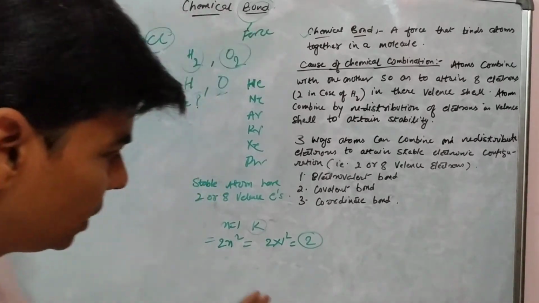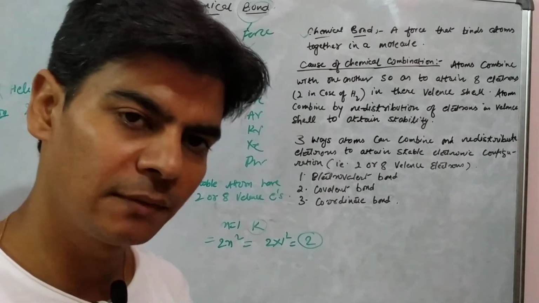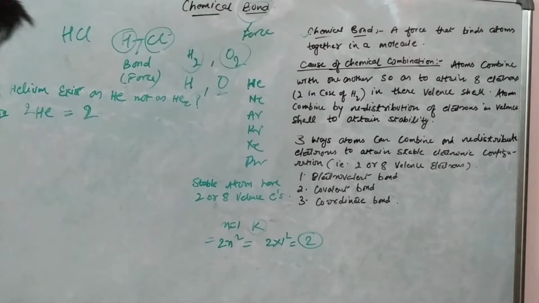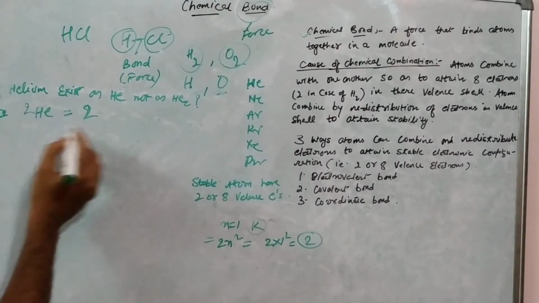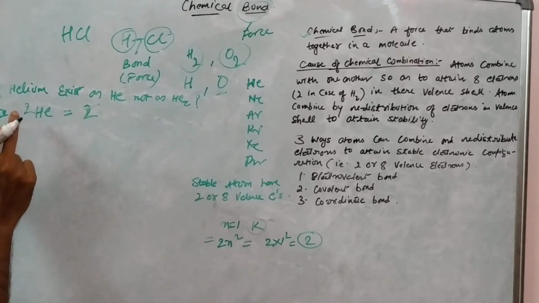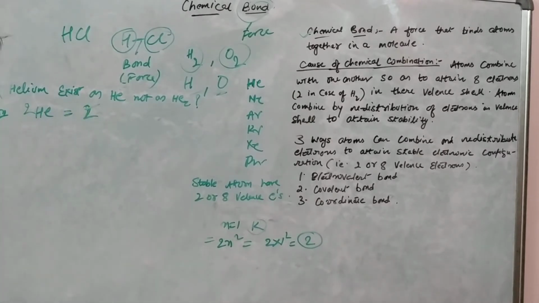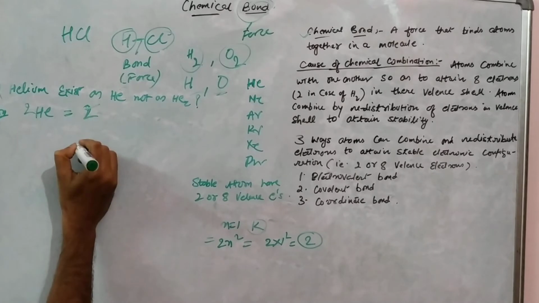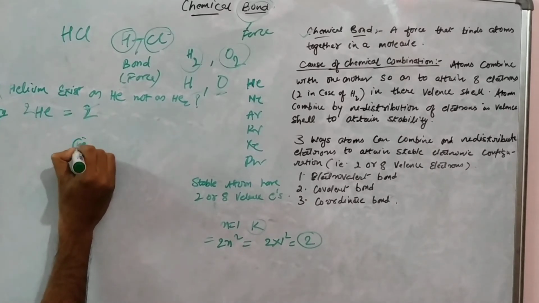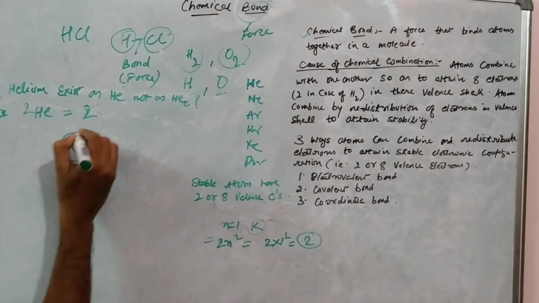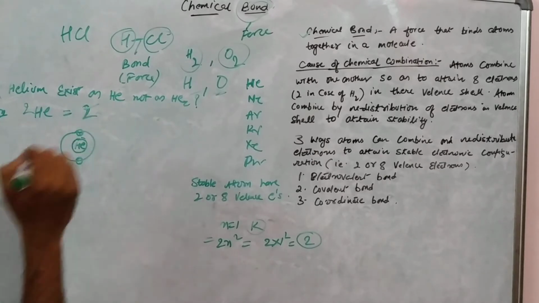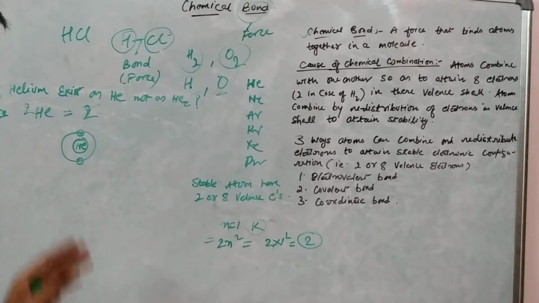Once it has 2 electrons, it will become stable. So if we draw the atomic structure, helium has 2 electrons in its outermost orbit.